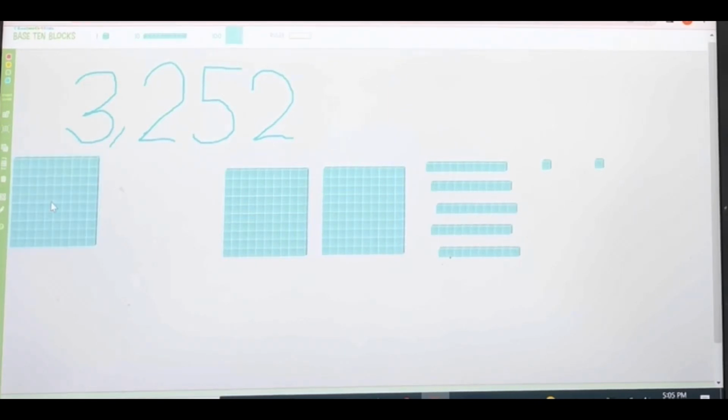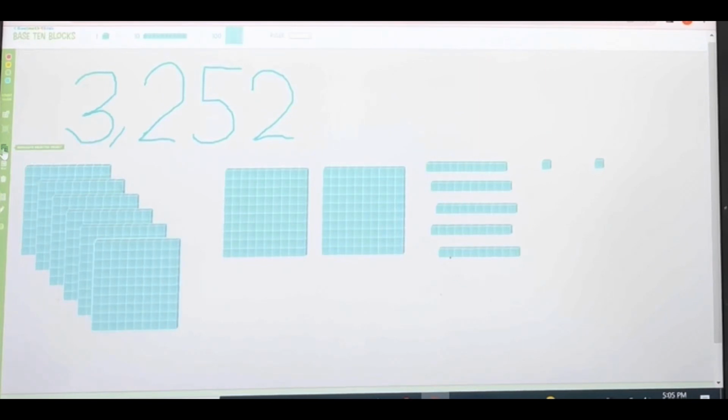Since there's no 1,000 block on this program, again, we're going to build a 1,000 block by grouping the hundreds blocks together. 10 hundreds blocks is equal to a 1,000 block. So 100, 200, 300, 400, 500, 600, 700, 800, 900, 1,000.